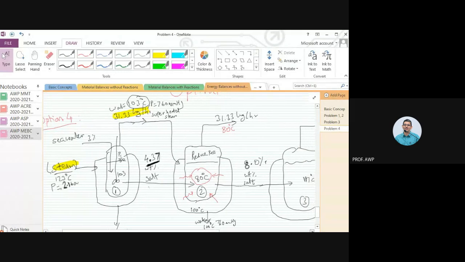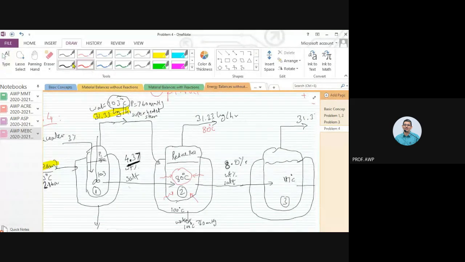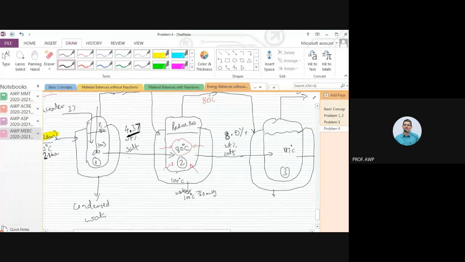Isn't it? Can I not use it in the jacket of the third evaporator, and condense it? Now this is at a pressure less than 760 mm Hg. So the condensed water coming out of the jacket of the third evaporator will also be at less than 80 degrees centigrade.